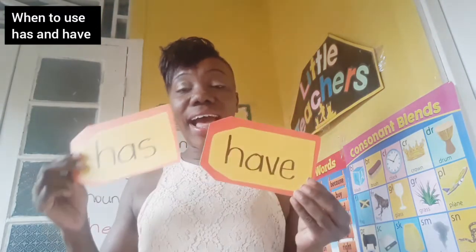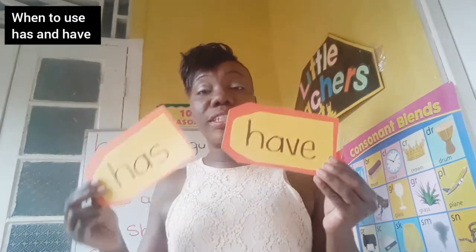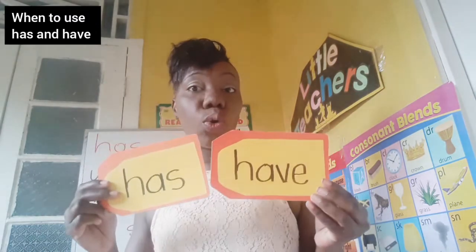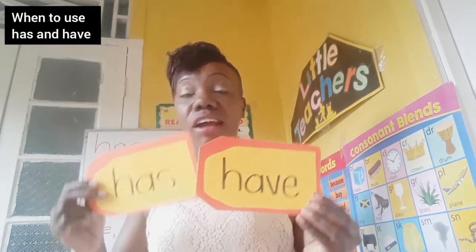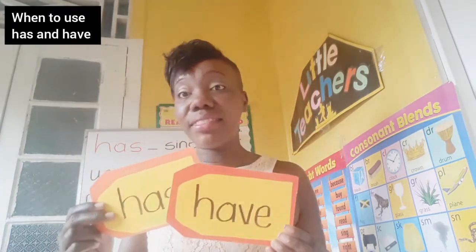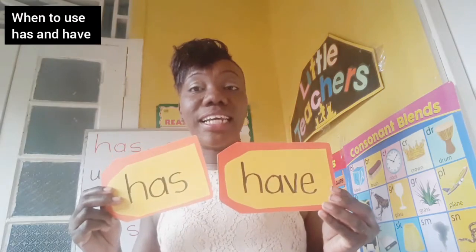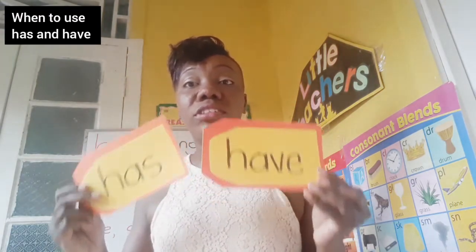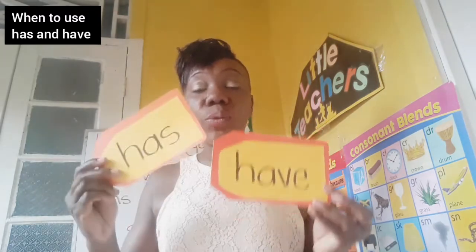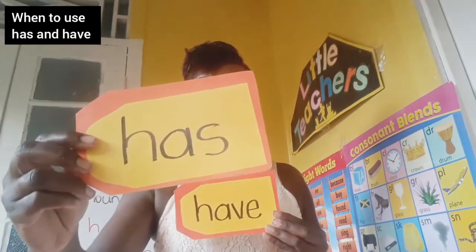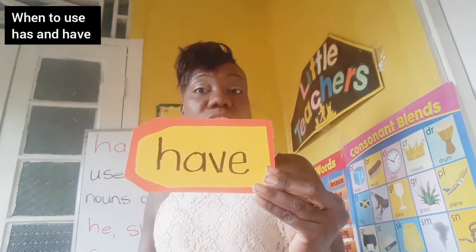Now, has and have, they are both used in sentences to show that someone owns something or someone has something. So they are used in sentences when you want to talk about somebody having or has something. So we are going to learn when to use has and when to use have.